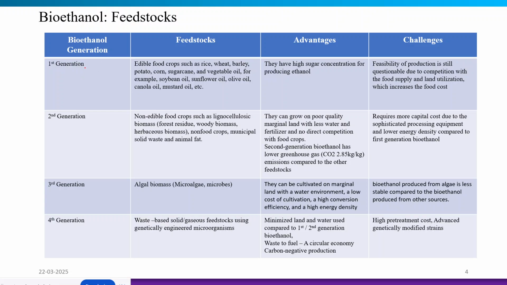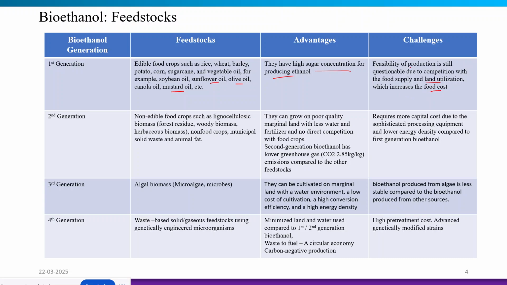Okay, so first generation is edible food crops like rice, wheat, barley and other things, sunflower oil, mustard oil. These have a higher sugar concentration, so they give a higher bioethanol yield. But the feasibility of the production is still questionable due to competition with the food supply and also the land utilization, which increases the food cost.